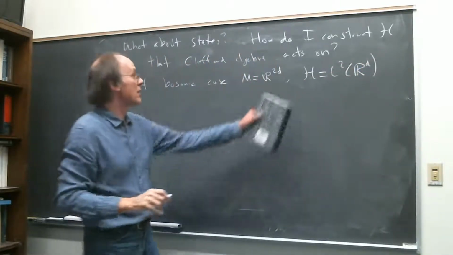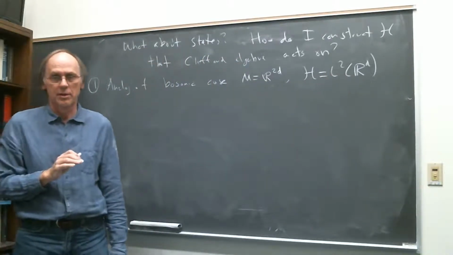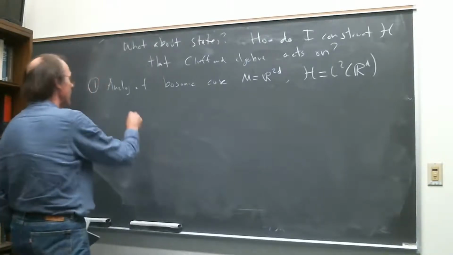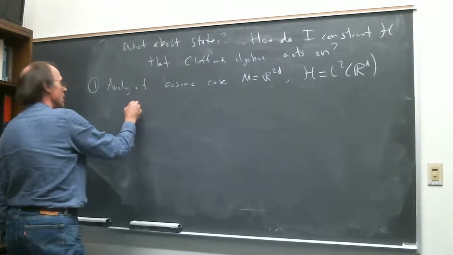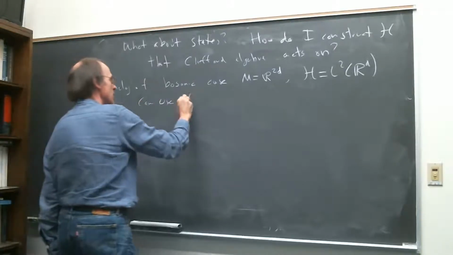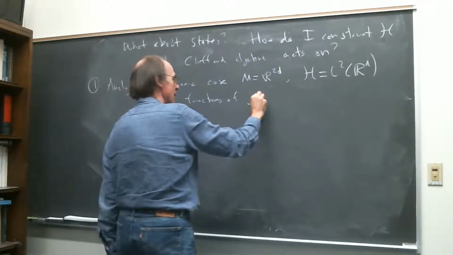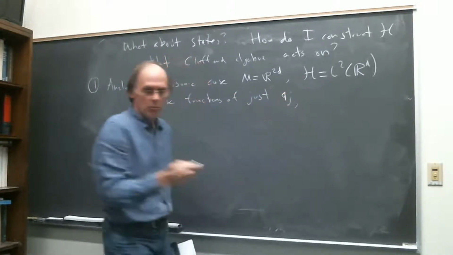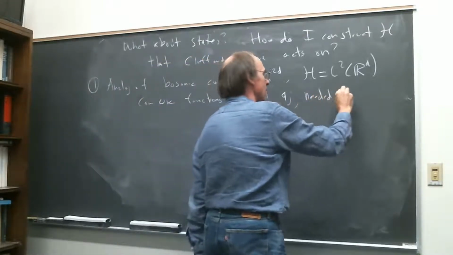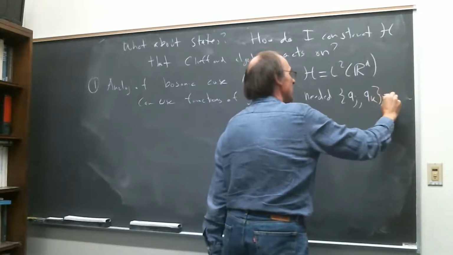Remember, in the bosonic case, we could get our operators to act on functions, but functions of just the Q_j. But in order for this to work, we needed the Poisson brackets of the Q_j to be equal to 0.